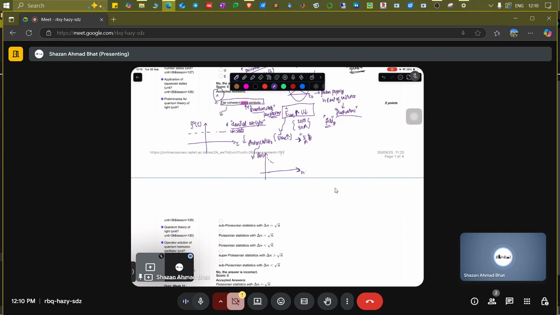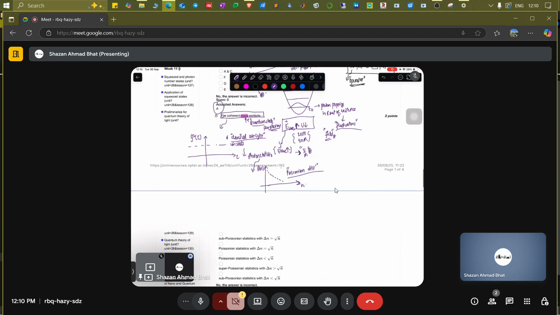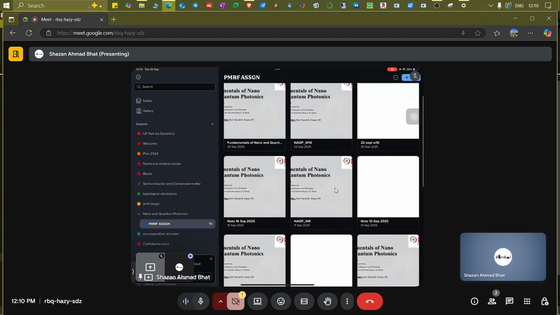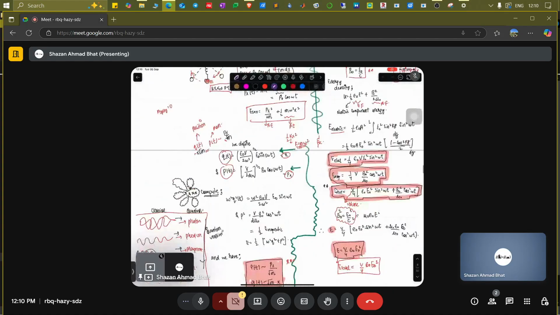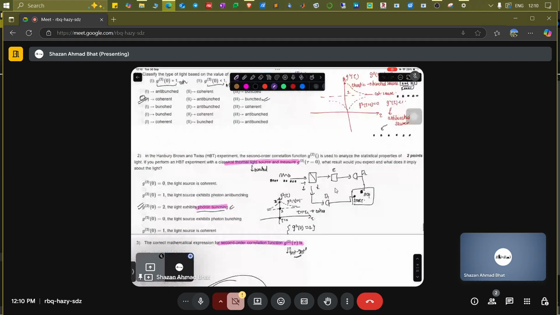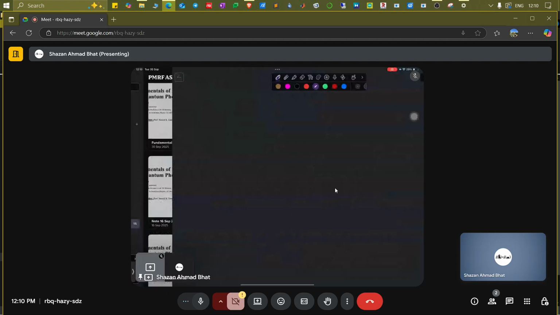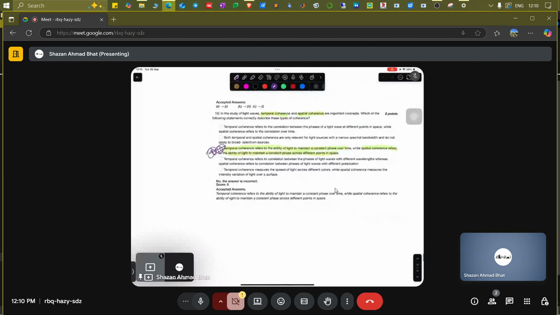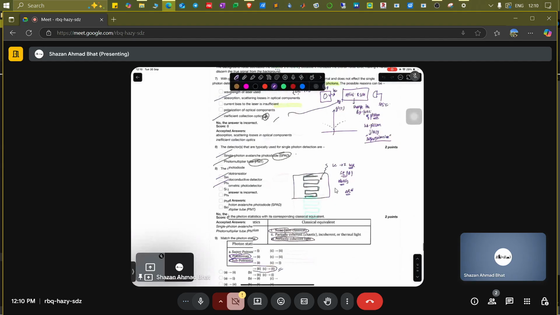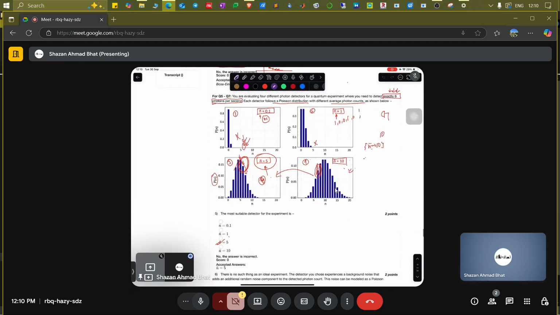It exhibited something like this, which is almost like a Poissonian distribution. You remember that particular curve. So a Poissonian distribution.